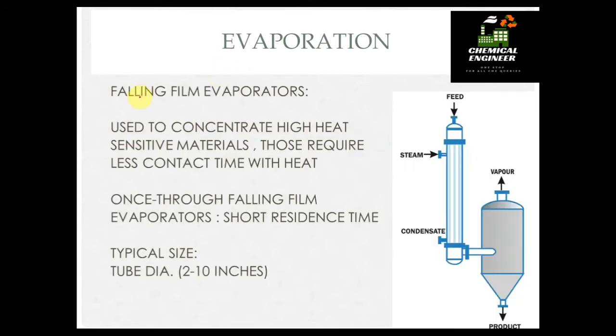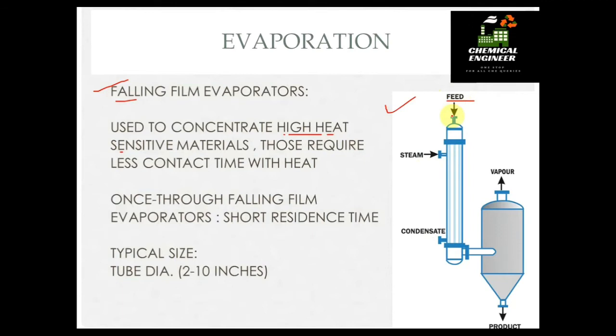Next, the opposite of the vertical upward flow type evaporator is the falling film evaporator. This type of evaporator is generally used to concentrate highly heat sensitive material, materials that require less contact time with heat, that is with the steam. This is a schematic of it.